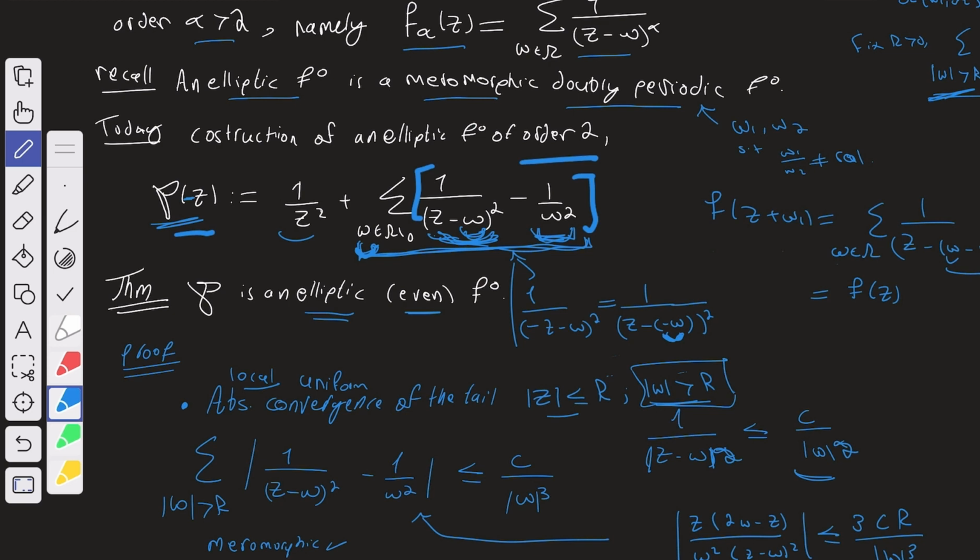So this wraps up the proof of this theorem that p is actually an elliptic function, and it's also an even function. The next thing we're going to do is consider the Laurent expansion of this series, and this should give us our first construction of modular forms.